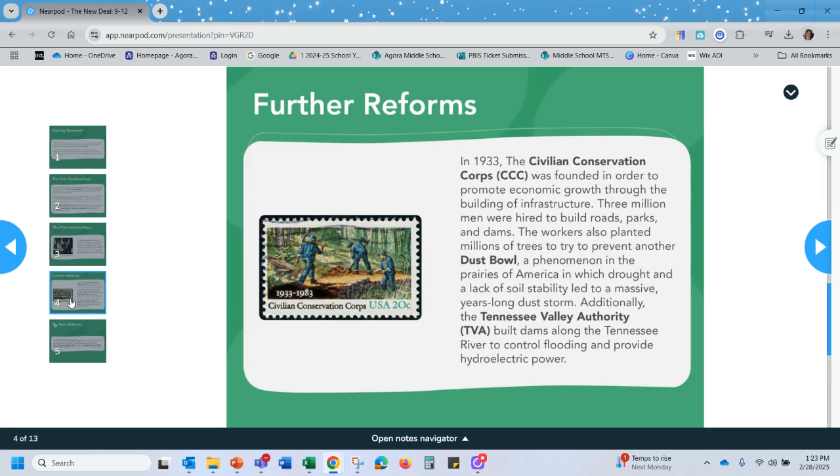The workers also planted millions of trees to prevent another Dust Bowl, a phenomenon in which drought and a lack of soil stability on the prairies of America led to a massive years-long dust storm. Additionally, the Tennessee Valley Authority, TVA, built dams along the Tennessee River to control flooding and provide hydroelectric power.